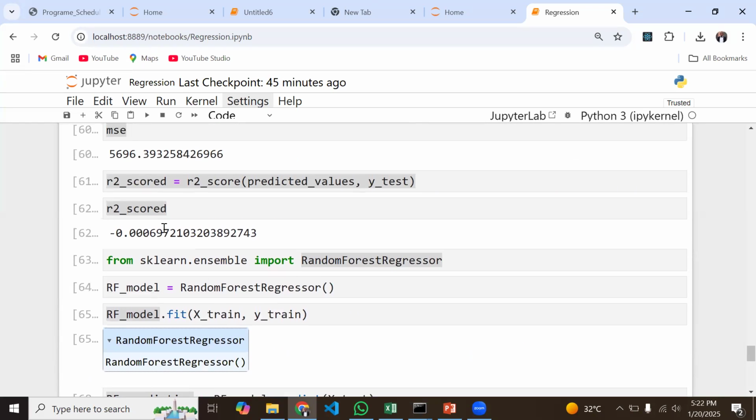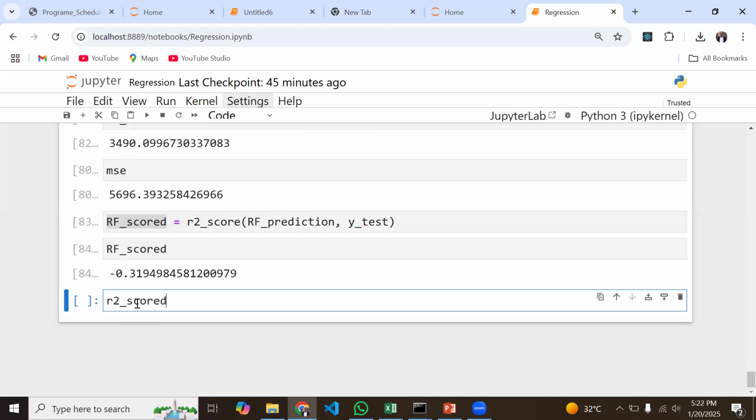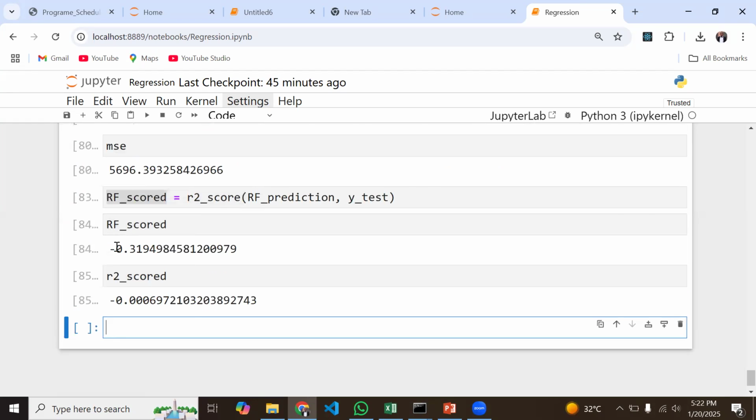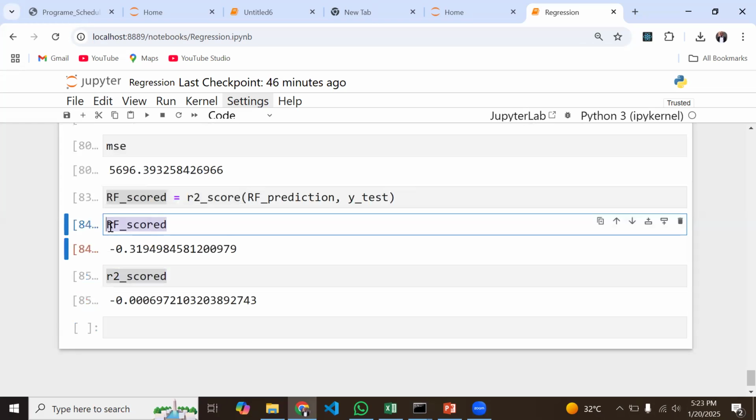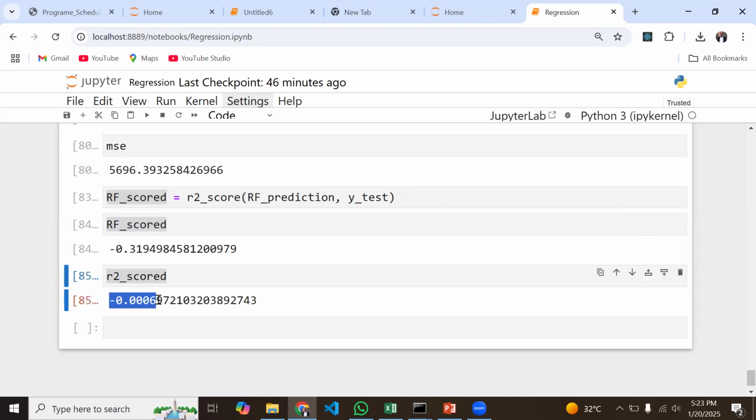If you compare it with its compatriots, as we have over here, it is also in the negatives, but clearly we could see that there are differences. This is for the decision tree and this is for the random forest. So the most important thing for us now is to analyze what these numbers are, what they represent, and how we can confidently say that this one is better than the other one, which we are going to come back to because that's the main purpose for whatever we are doing today.